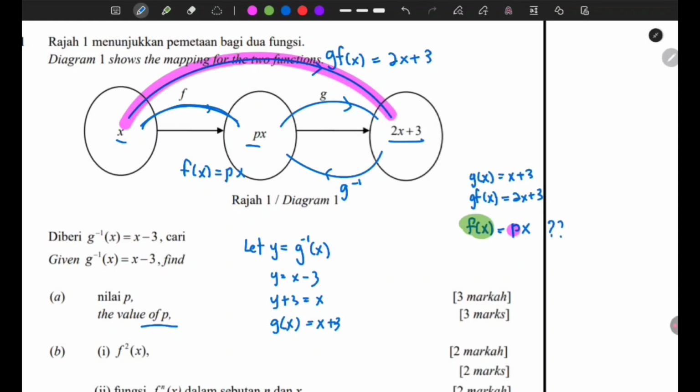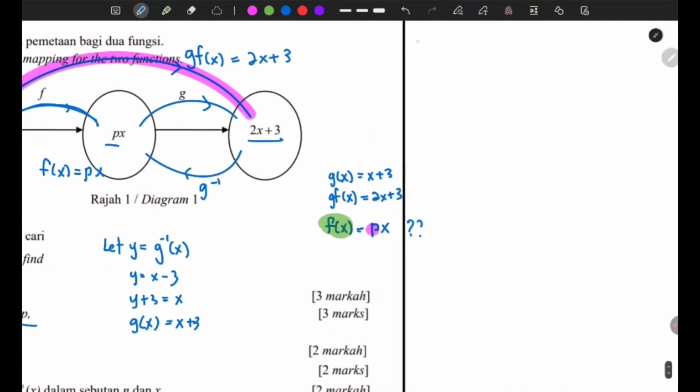You have two pieces of information, g(f(x)) and g(x). From there, can you find your f(x)? Of course you can find. So let's find. How? Use the method of substitution. Your f is inside, so you have to substitute the function inside. You have to substitute, don't have to let y.